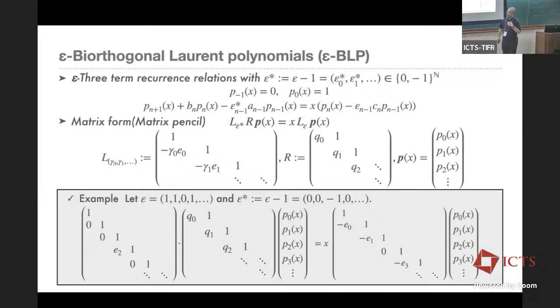And then a more interesting situation happens: by using this epsilon biorthogonal Laurent polynomial, we can connect with orthogonal polynomials and Laurent polynomials through some transformation, which Faber-Smith and Professor Geftman introduced.